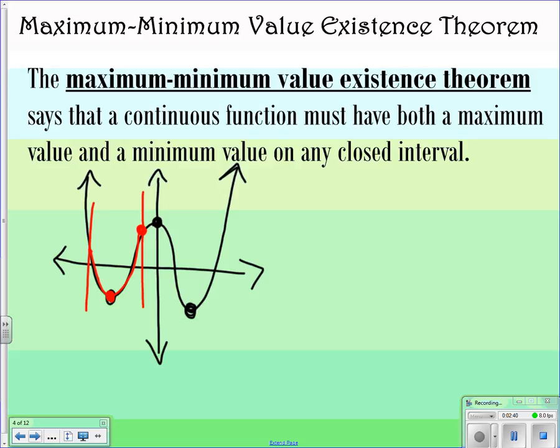Now, if I move over from here to positive infinity, my minimum value is going to be this point here, and then my max value would be infinity, because it just keeps going on and on. But if I stopped it here now, the max value is going to be at that value. And so no matter where your interval from A to B is, you're always going to have a low point and a high point.